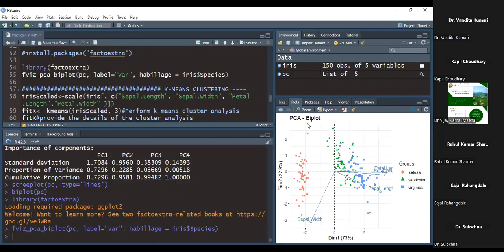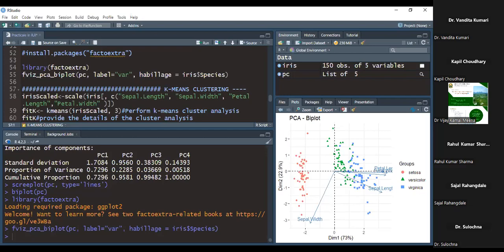So we obtain a PCA biplot using the package factoextra.